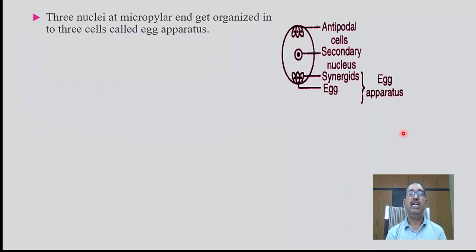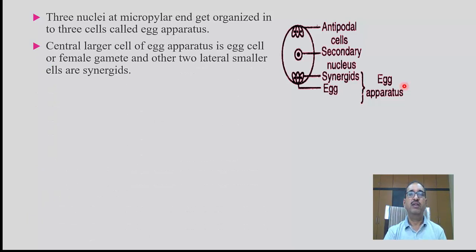3 nuclei at the micropylar end get organized into 3 cells called egg apparatus. Among these, the central large cell is called egg or female gamete, and the 2 lateral cells are called synergids.